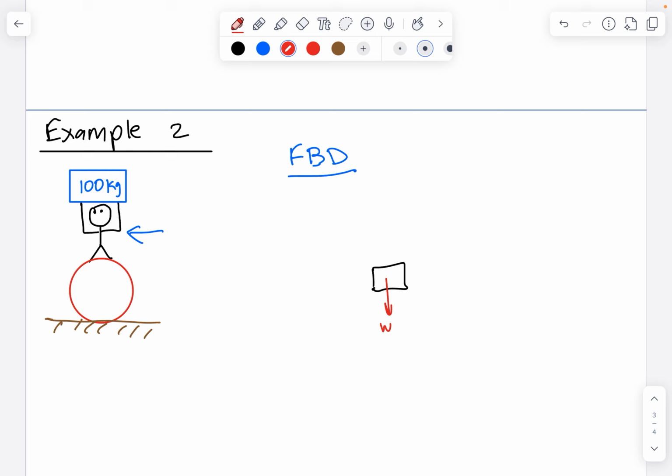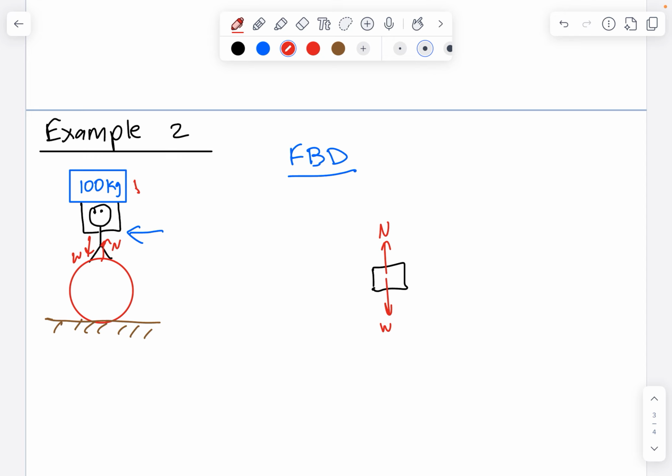We have the normal force of the ball, right? The ball is pushing up onto the person while the person is pushing down onto the ball, right? So this is the weight, this is the normal force. We have nothing going to the right or left, but we have this 100-kilogram box.